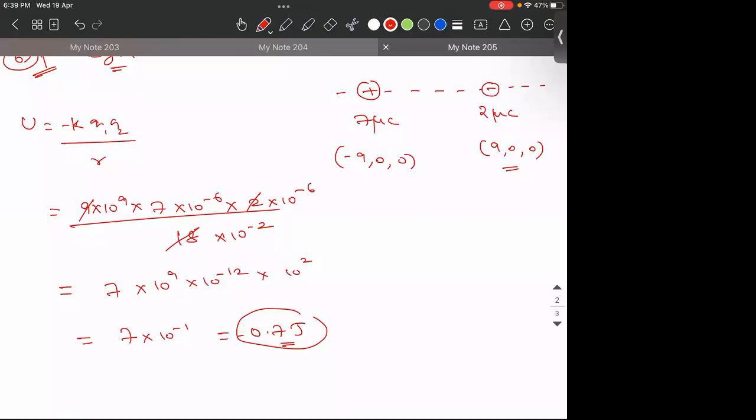It will be 0.7. What else is there? Next part.